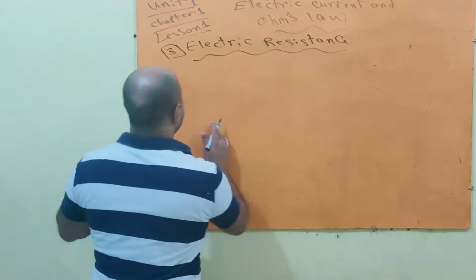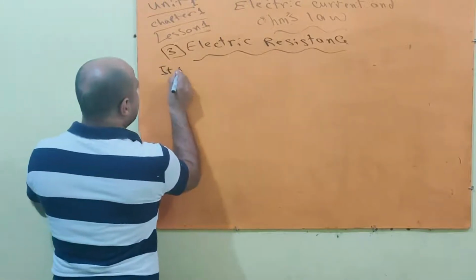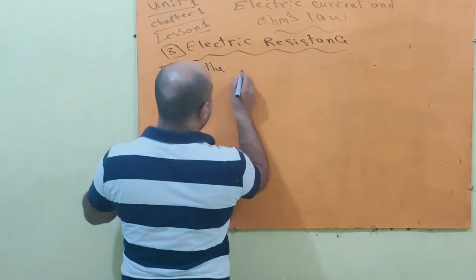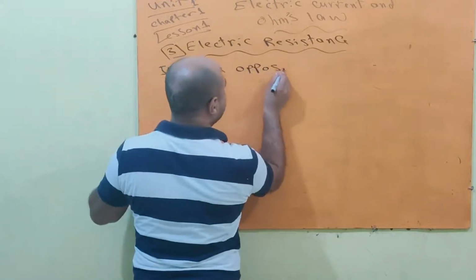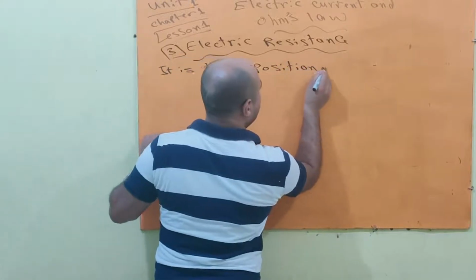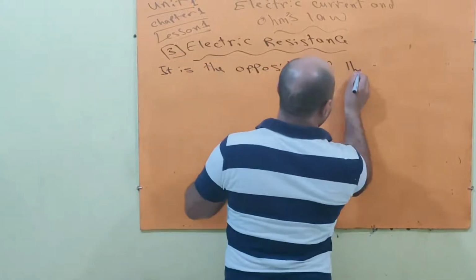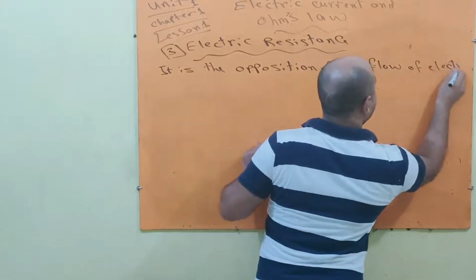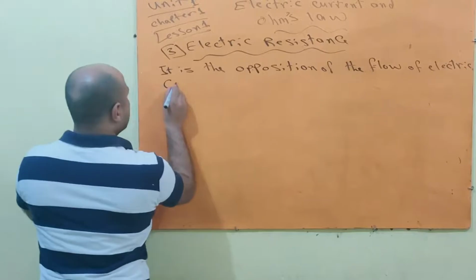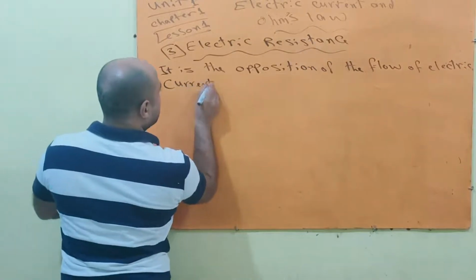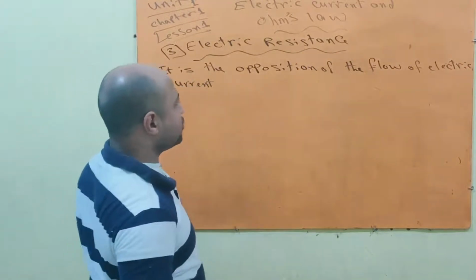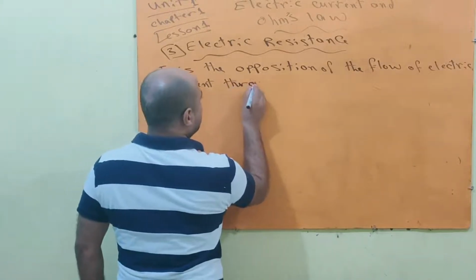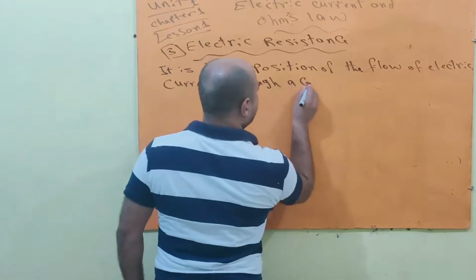So electric resistance has two definitions. It is the opposition of the flow of electric current through a conductor.